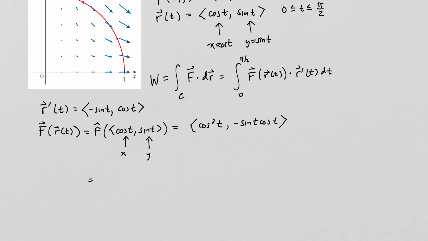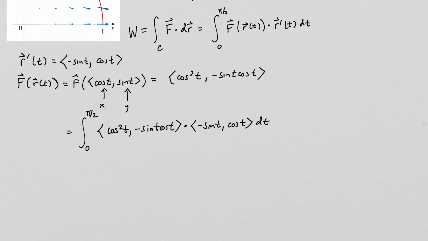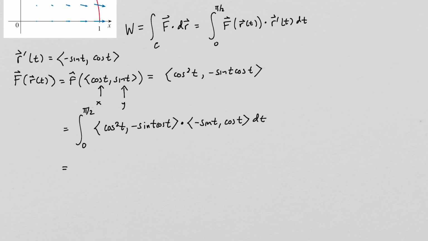So we have the integral from 0 to pi over 2. We have cosine squared t, negative sine of t cosine of t, dot product with negative sine of t, cosine of t, dt. Now remember how dot product works.